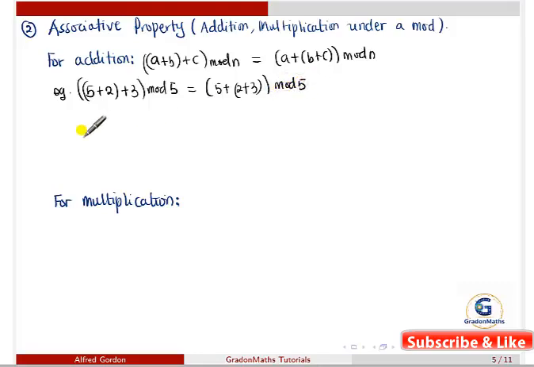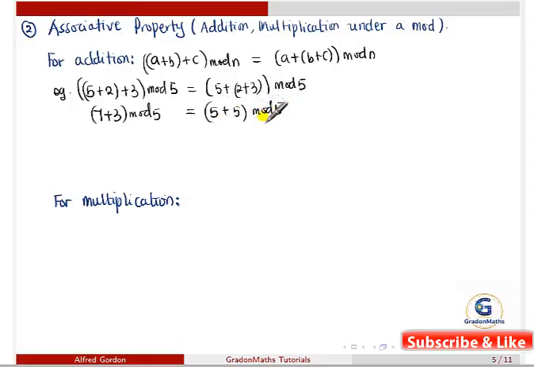You are with me. Good, so here we have 7. Okay, so we can do 7 plus 3 mod 5, and here we can do 5 plus 5, right? Okay, all mod 5.